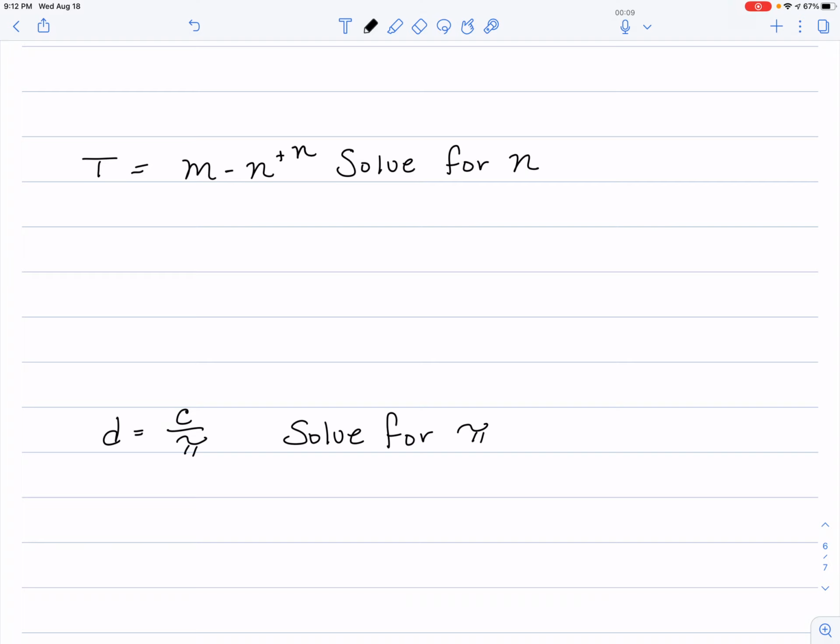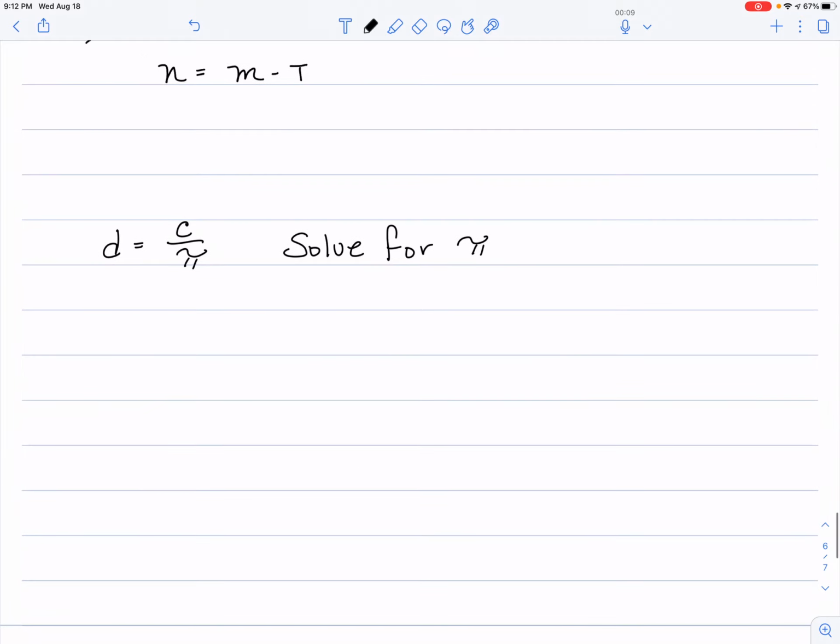So we're going to add n to both sides, and therefore this is going to cancel. So you're going to have T plus n equals m. And then what you're going to do is subtract T from both sides. So that's going to allow the T's to cancel, and you're going to get n equals m minus T.